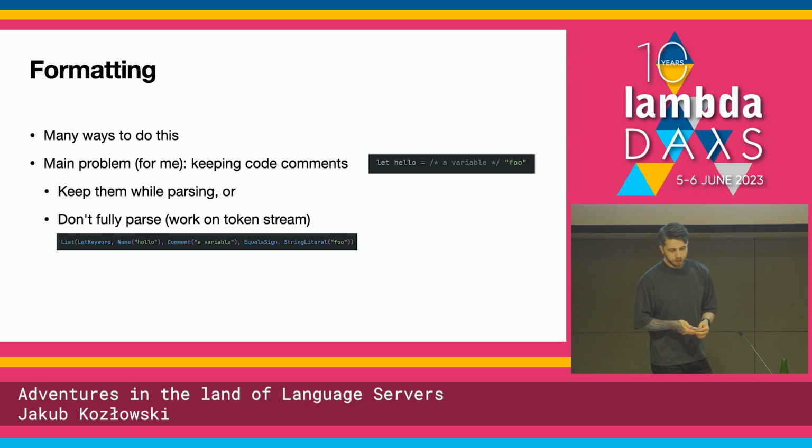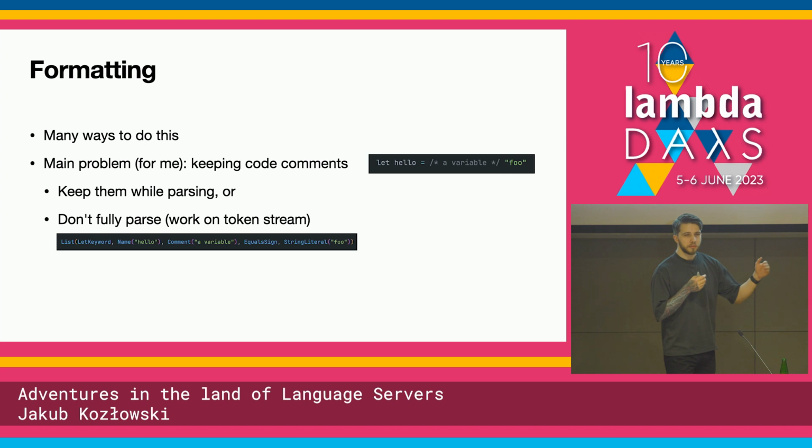So there are basically two main ways to do this. First of all, you can have comments as part of your parser and just print them back and then ignore them for anything else. Or you can not parse for formatting. You can just use a lexer or tokenizer and just parse, in quotes, convert your text into a stream of tokens. So just small pieces of syntax, keywords, and so on.